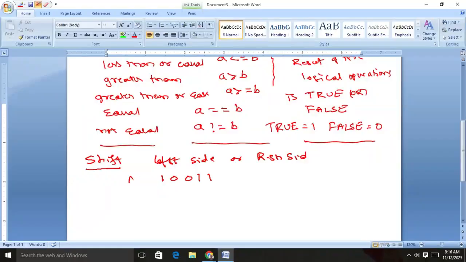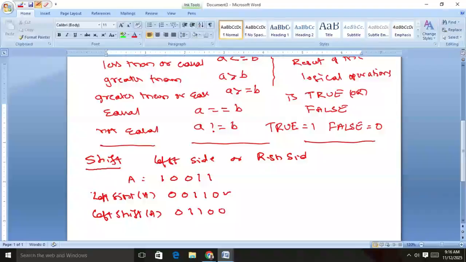Suppose that is A. Left shift of A equals this one goes out, 0 0 1 1, and 0 is added at the right side. One more time, left shift of A means 0 1 1 0 0.